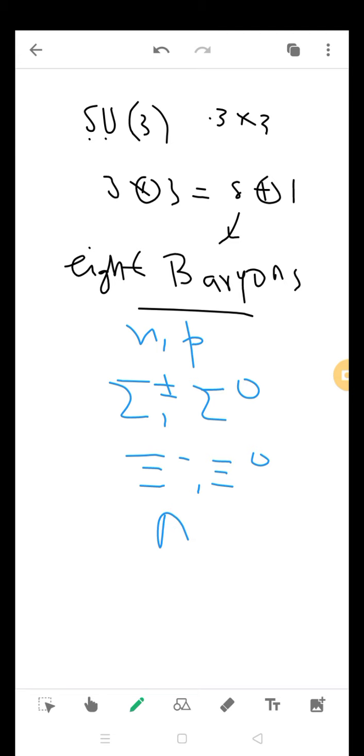These 8 baryons are represented by these 8 transformations.